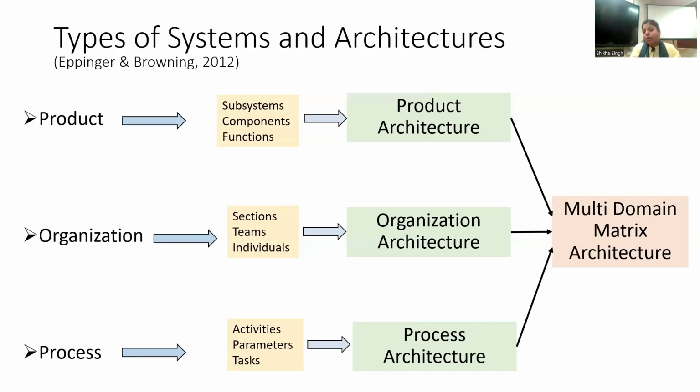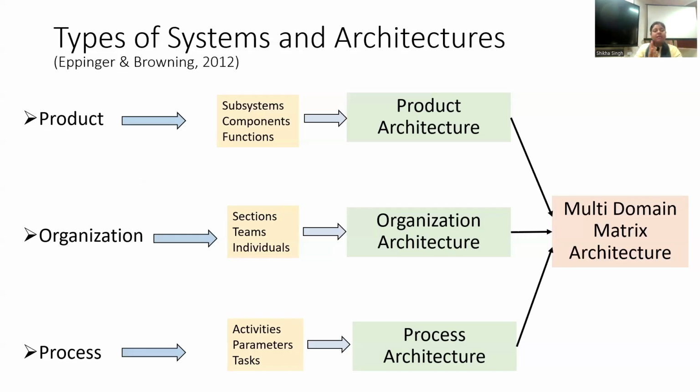Usually, in order to study the different aspects, you cannot align everything together. So we divide the systems also into some parts in such a way that that particular subsystem can be studied properly. In order to study the product structure, there may be a dedicated systems engineer, and that person will be managing the whole product architecture particularly.